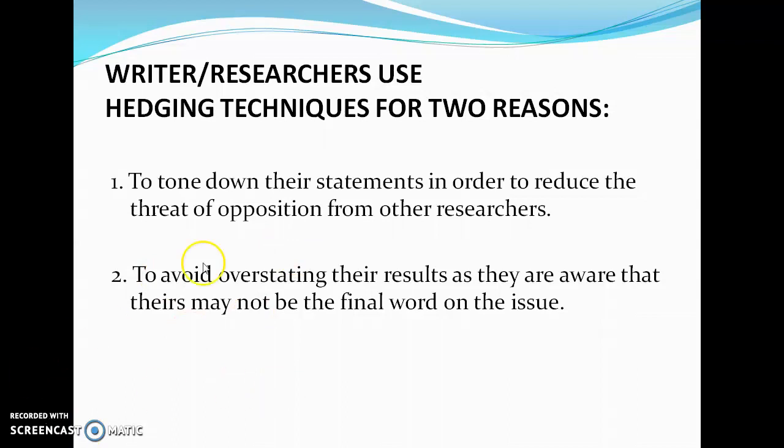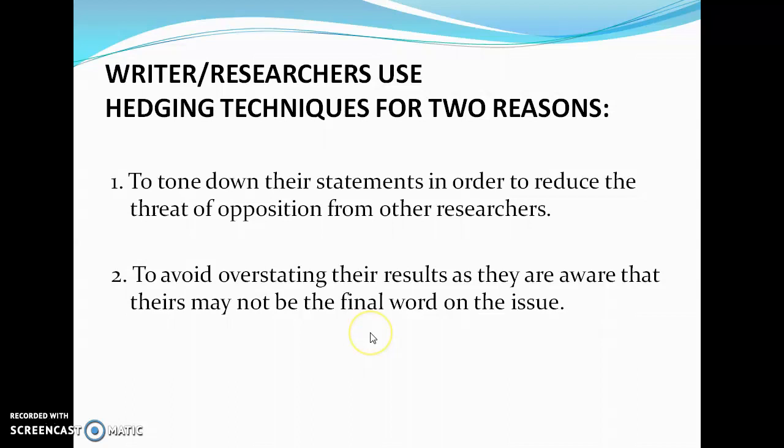The first one is that while the writer is explaining their opinion, there can be other points of view in that field. In that position, writers use hedging techniques to avoid objections, while others can express their equally valid opinion.